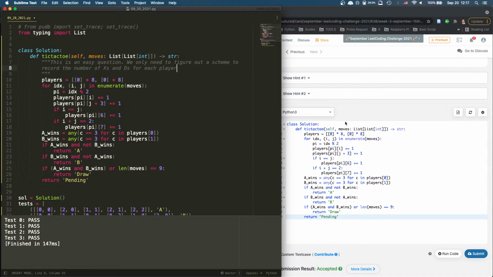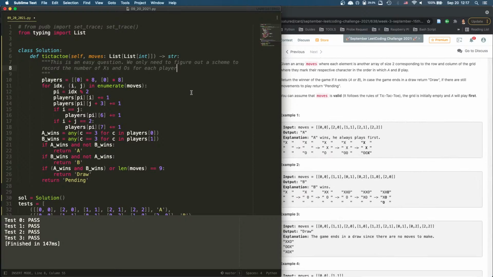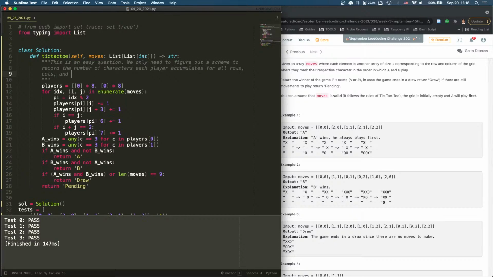So the number of characters each player accumulates for all rows, columns, and then diagonals, diags, right?